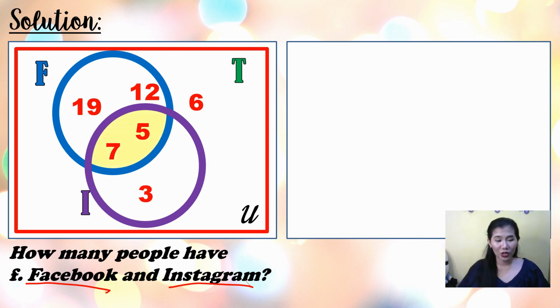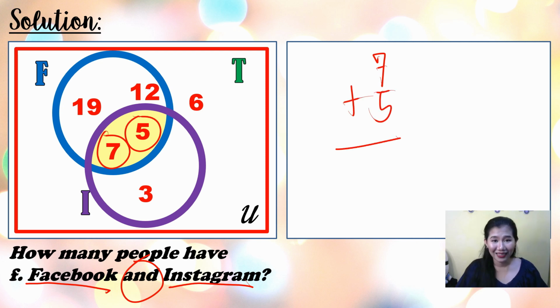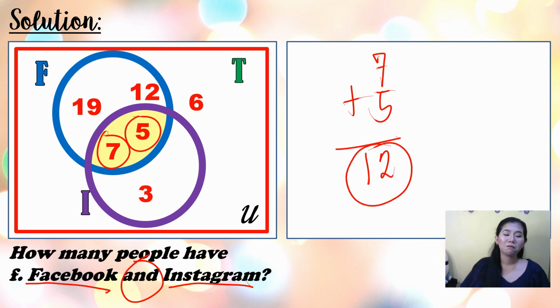Shade the portion that tells both. So yung shaded portion which is the yellow one, i-add lang daw natin si 7 at saka 5. 7 plus 5 is equal to what? Right, that is 12. Ibig sabihin, merong 12 na meron silang Facebook account at Instagram account.